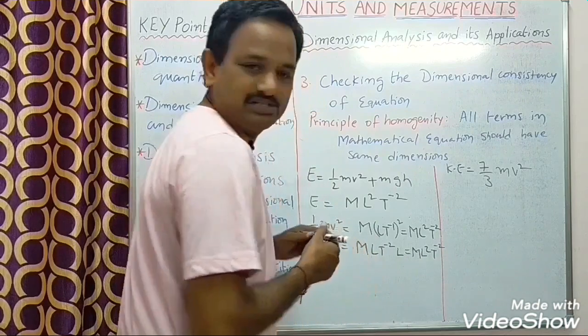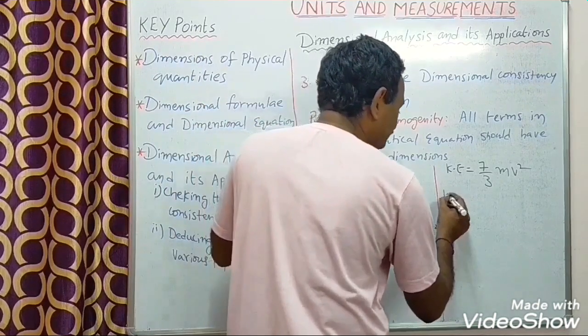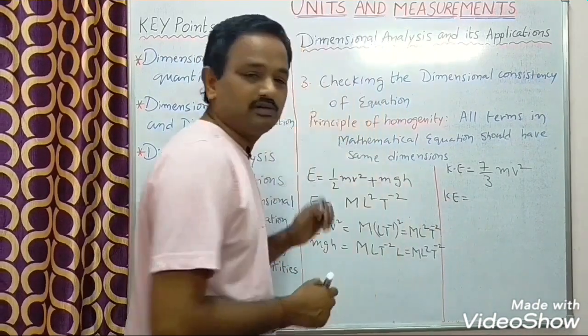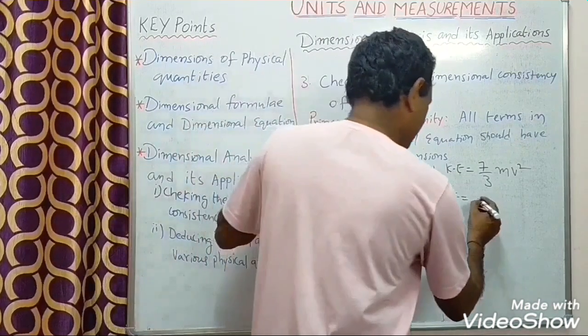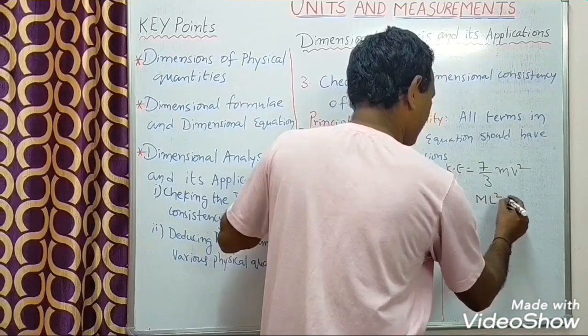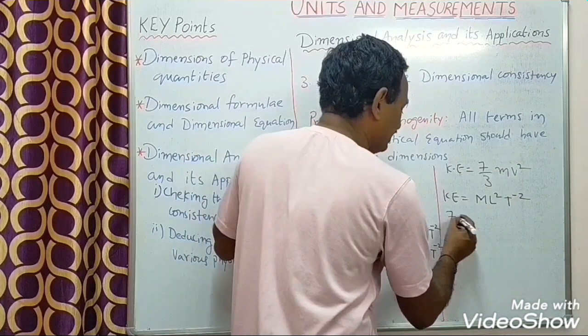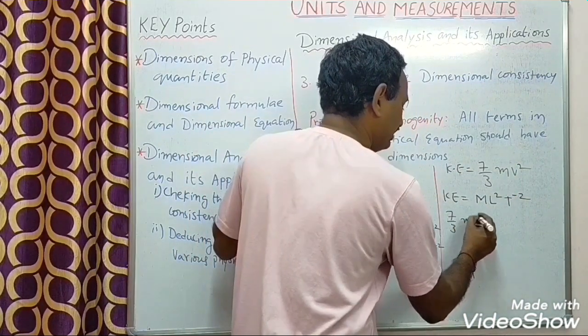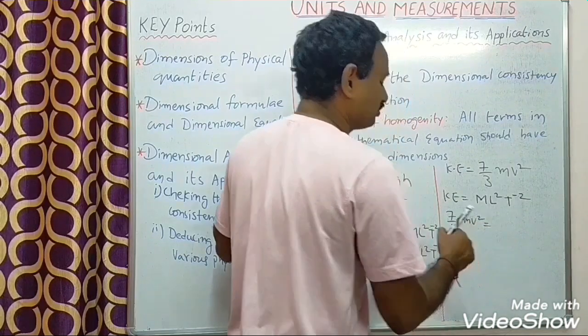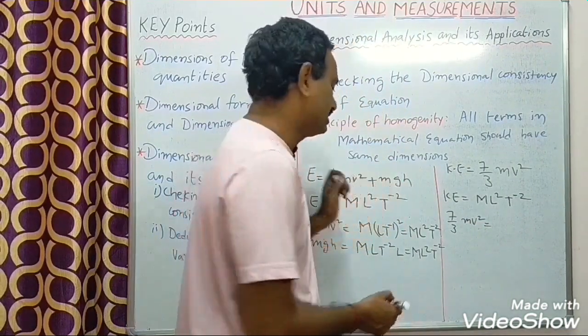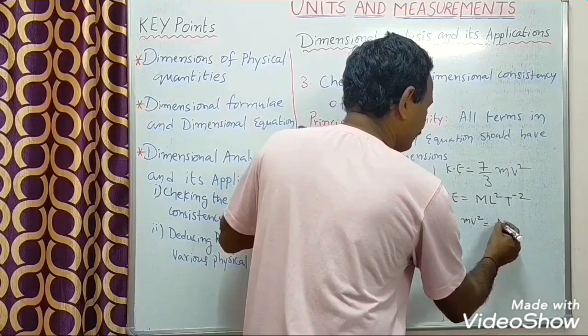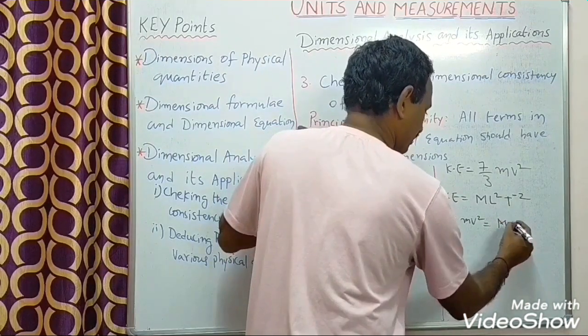Look here, we will check now. For kinetic energy, what is the dimensional formula? That is ML^2T^-2. And for the RHS, 7/3 mv^2: 7/3 is a constant, so no dimensions. For mass M, for v^2, what will you get?